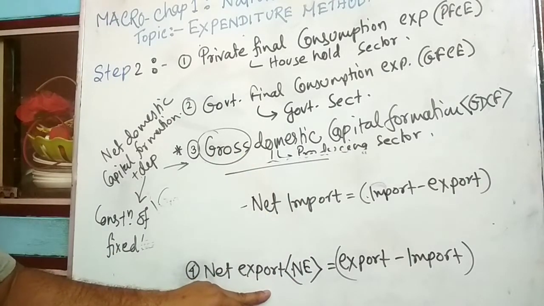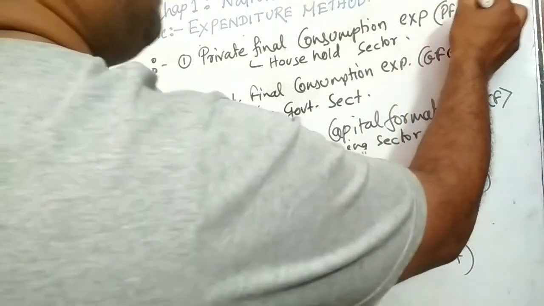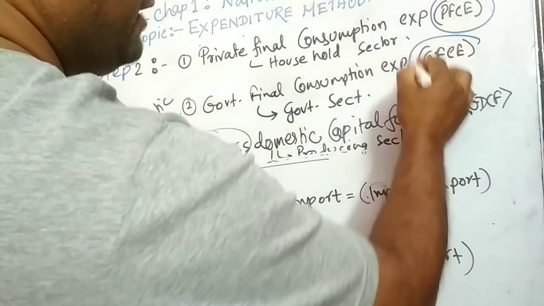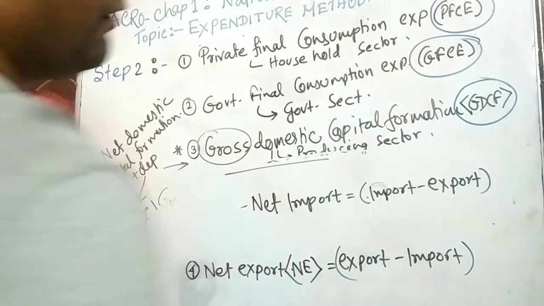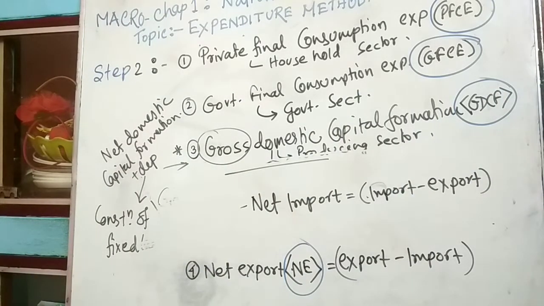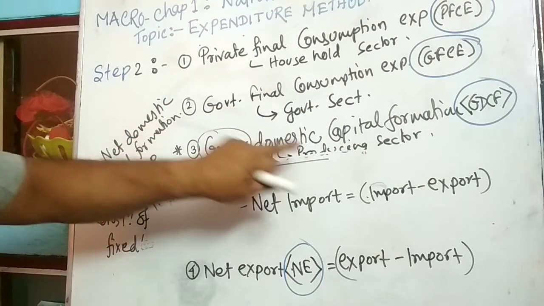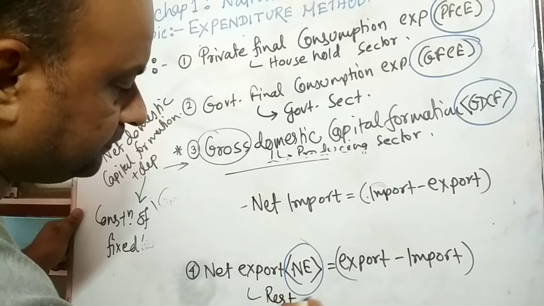Opposite. Okay. So 4 terms are there: private final consumption expenditure, government final consumption expenditure, gross domestic capital formation, and net export. These are the 4 final expenditures made by the household sector, government sector, producing sector, and the rest of the world sector.